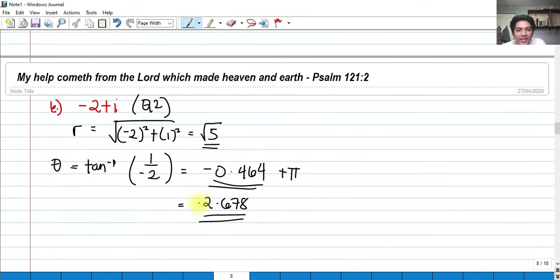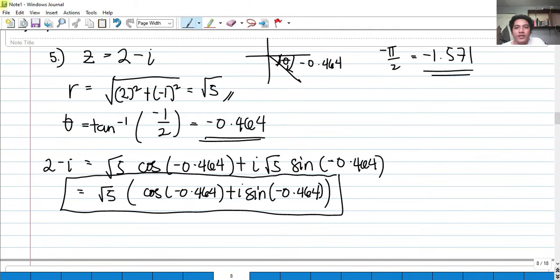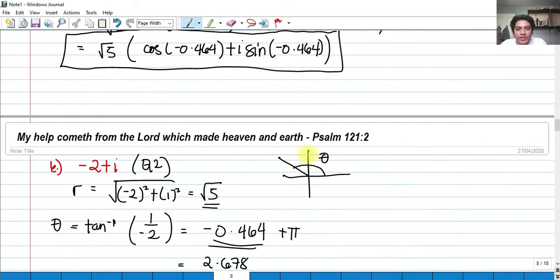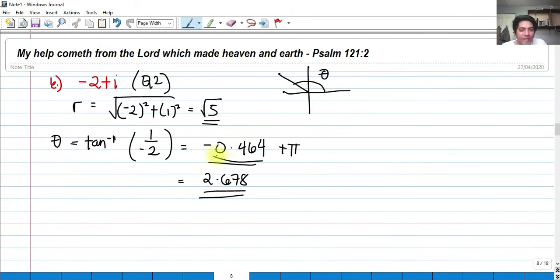So 2.678, that is our correct angle because theta is measured from here. So we have to add pi. Okay, so this should be our answer. It's greater than pi over 2, which is equal to positive 1.57. So we have this answer.